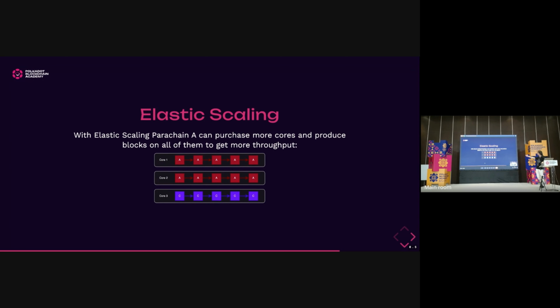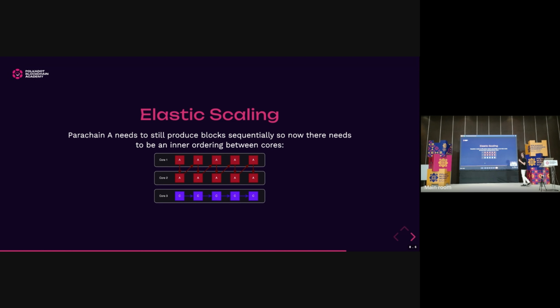So instead of looking like this, it will look more like this. They're essentially being provided in a sequential manner. One core will be before the other, but if you remember the PVF, to verify a PVF, all we need is the list of transactions, the previous state, and that's it.